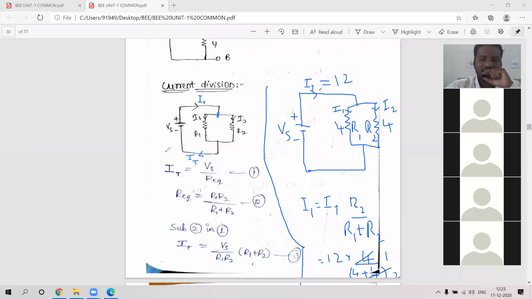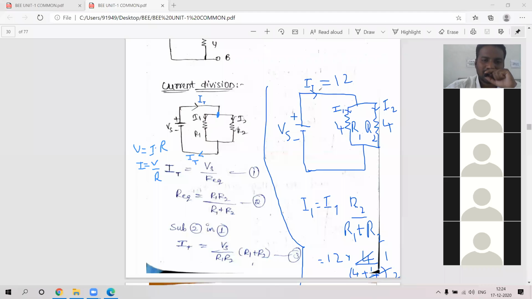Now you apply KCL. I total is there. Using Ohm's law, V is equal to I into R, so I is equal to V by R. I total is Vs by total resistance, where Vs is the supply voltage and the total resistance is R equivalent.